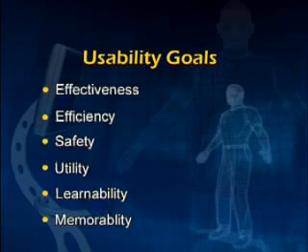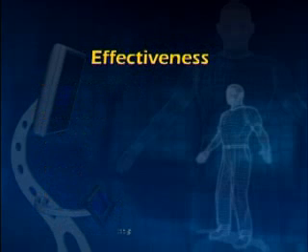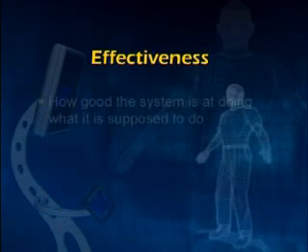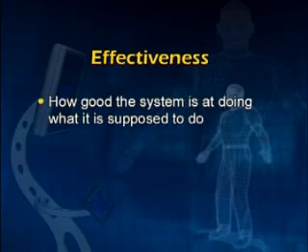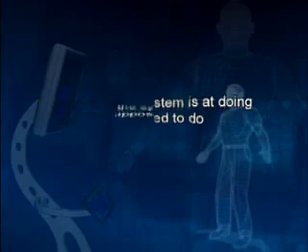First of all, let's consider effectiveness. Effectiveness is defined as how good the system is at doing what it is supposed to do. सिस्टम में जो काम करना है वो वाकई तौर पर कितना अच्छा काम करता है. वो फंक्शन जो उसने परफॉर्म करना वो कितना अच्छा परफॉर्म करता है.